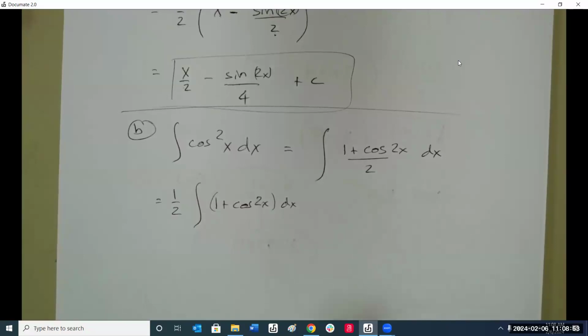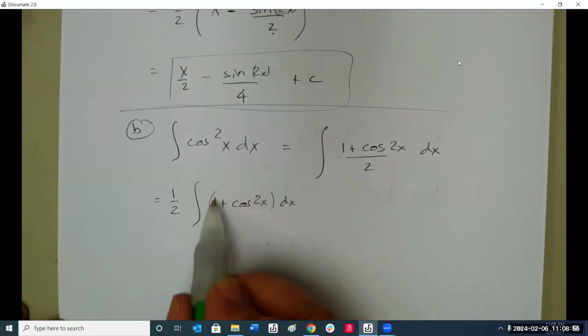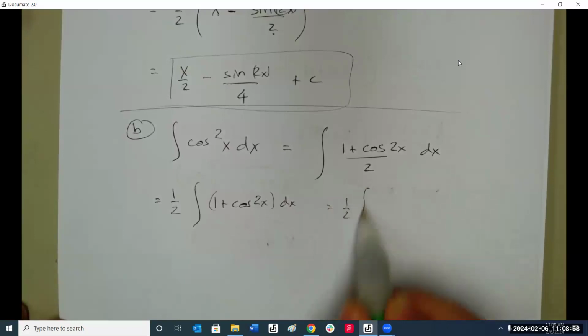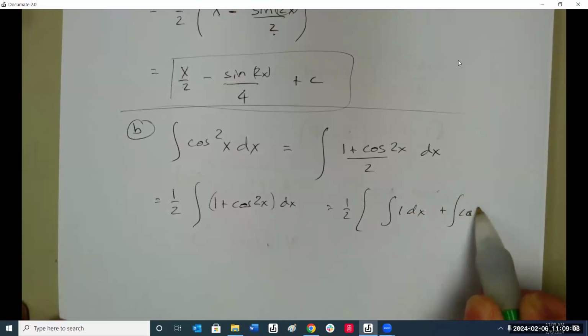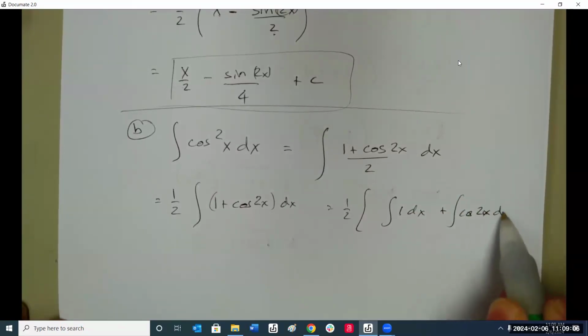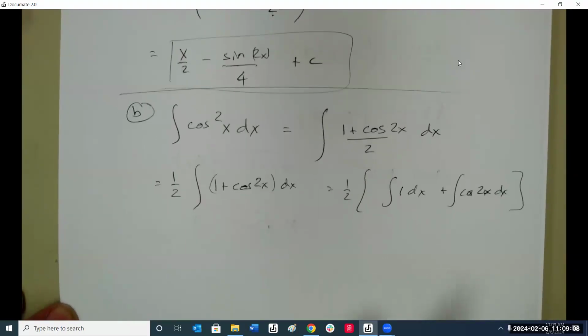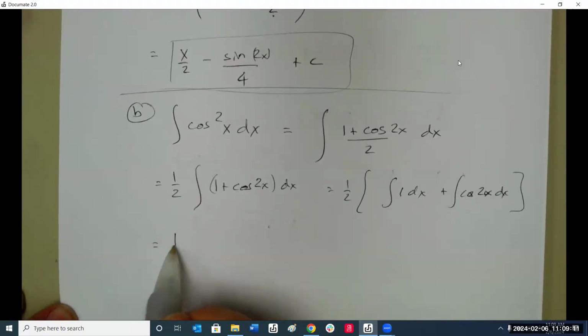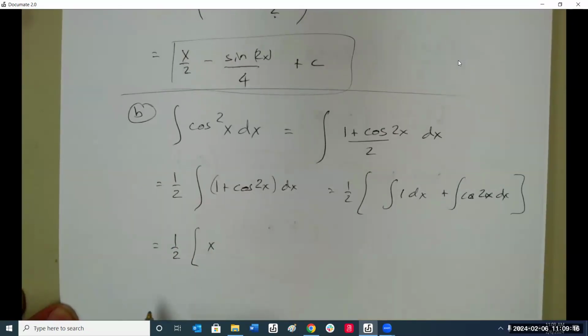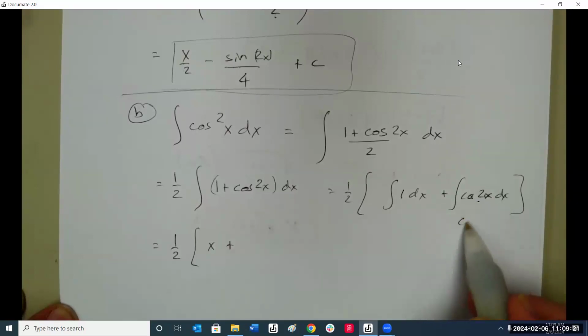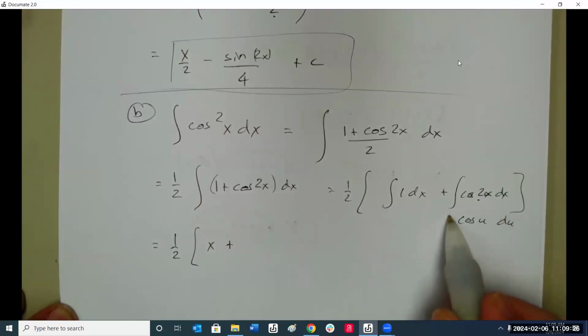Then you use substitution. We're going to integrate both of them. So we have 1/2 integral of 1 dx plus integral of cosine u dx. So we have 1/2, integral of 1 is x. So this is cosine u. We need du, so we have to have a 2, and we put a 1/2 in front of it.